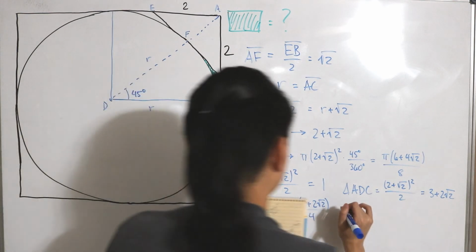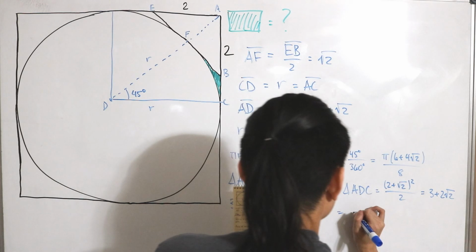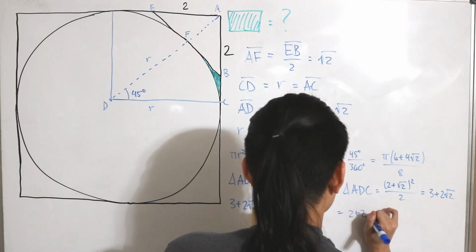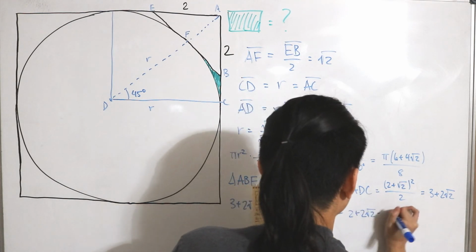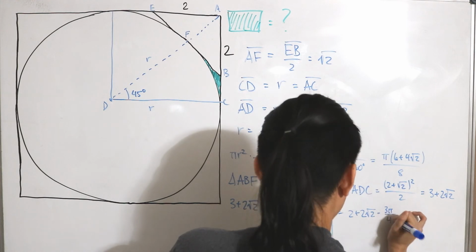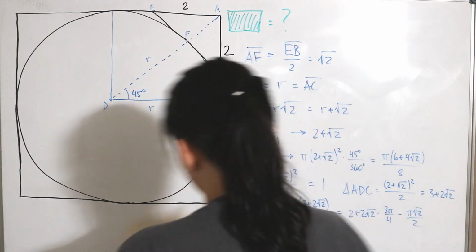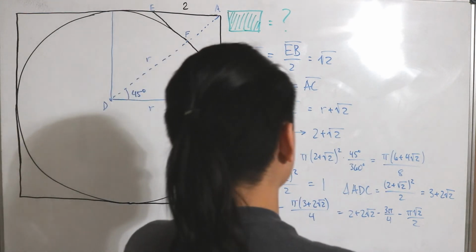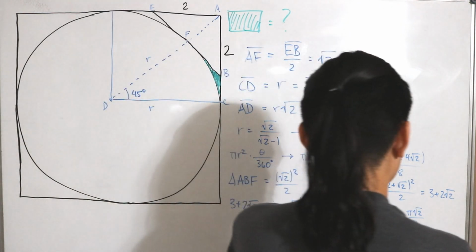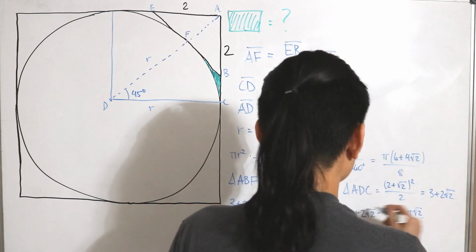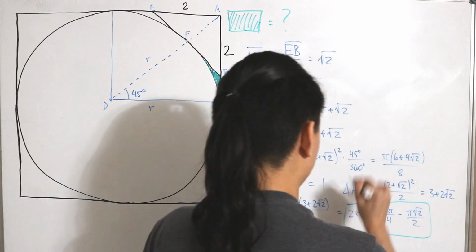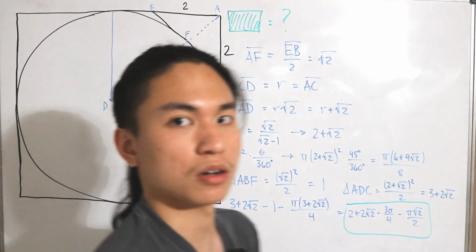Then if we simplify all this out, we have 2 plus 2 times the square root of 2, then minus 3 pi over 4, and then subtract pi times the square root of 2, divided by 2. And with that, that's the area of this tiny area over here that we wanted to calculate the entire time, just like that. So yeah, that's pretty cool if you ask me.